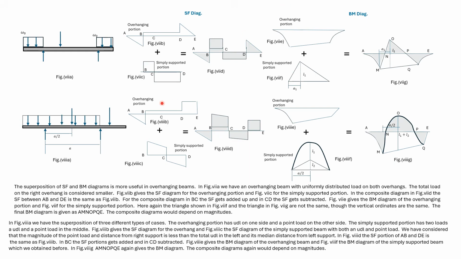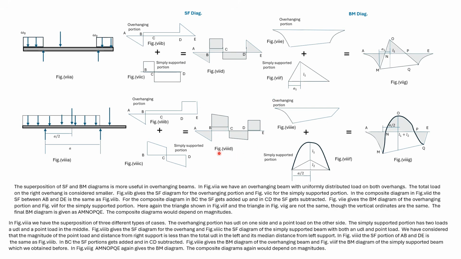Then this would be the diagram for the overhanging beam. We earlier found the simply supported portion shear force diagram, but the simply supported beam was subjected to a UDL and a point load. So this is the diagram.